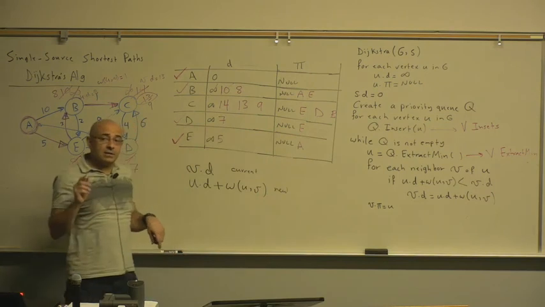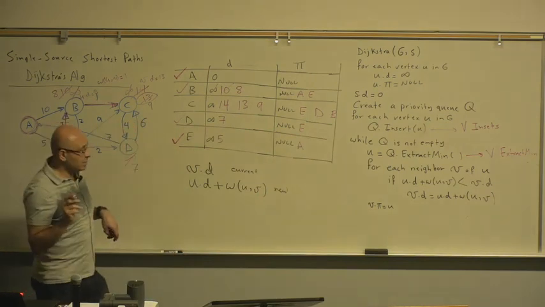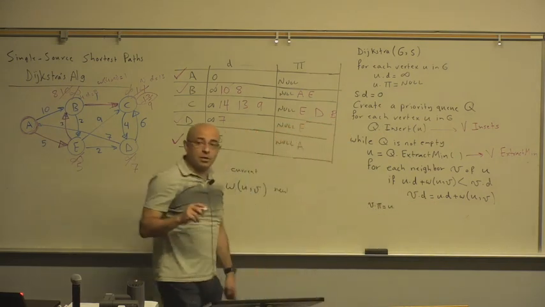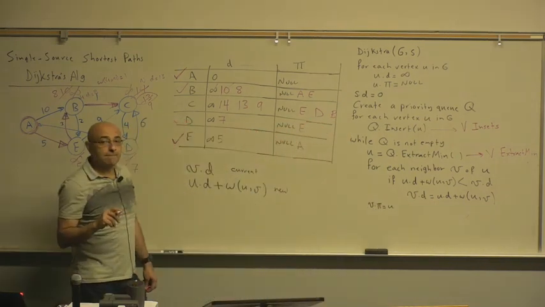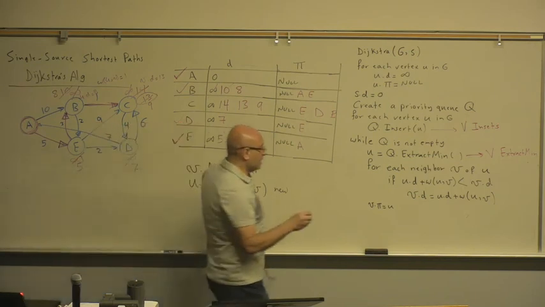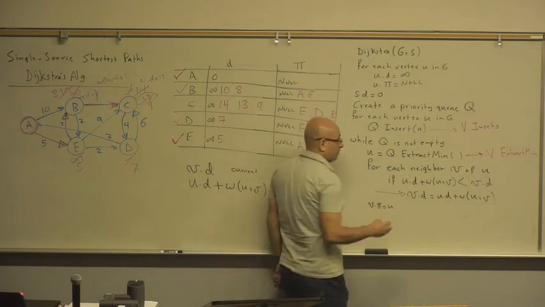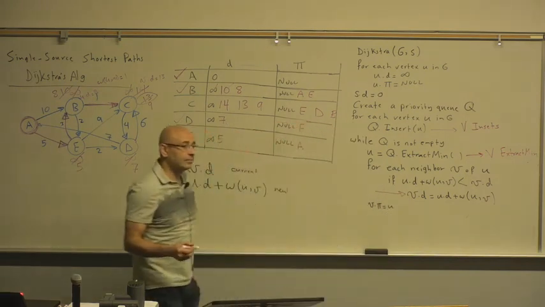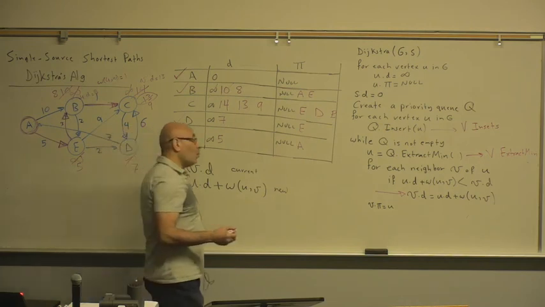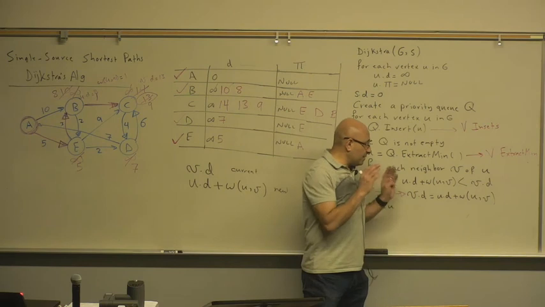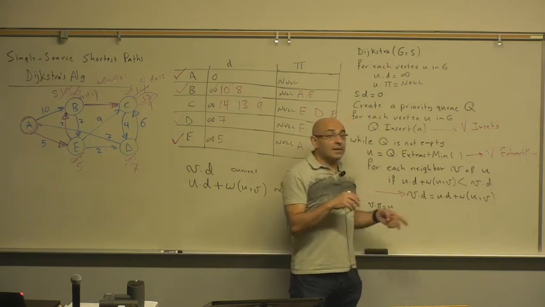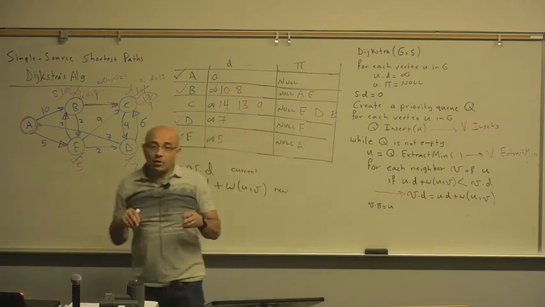Now there is a hidden priority queue operation here. What's the hidden operation here? Well, we are keeping these vertices in a priority queue, and here we are updating the distance, and the elements are ordered by that distance.